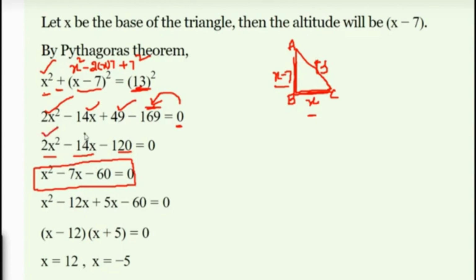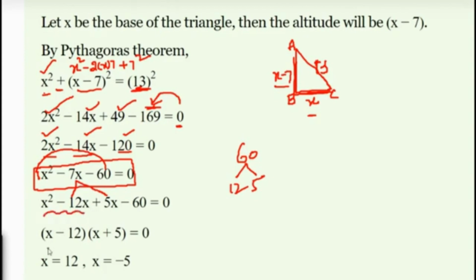The reason is all the terms are divisible by 2. If we divide all the terms by 2, 2x square will become x square, 14x will become 7x, 120 will become 60. So we'll do factorization. 60 ones are 60. The factors will be 12 fives are 60. So minus 7 can be expressed as minus 12 plus 5.